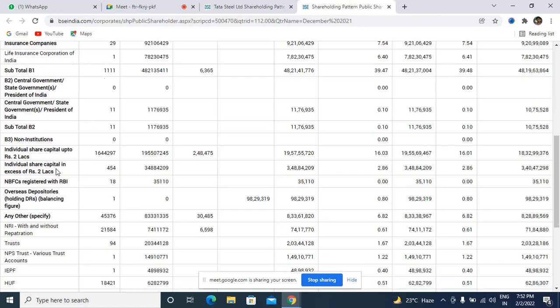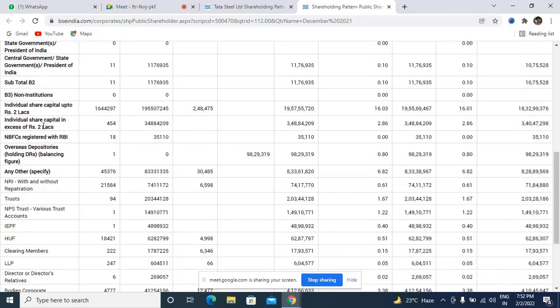Then non-institutions, as we were talking about, individual share capital in excess of 2 lakhs. So suppose you have Tata Steel shares worth rupees 10 lakh. You have Tata Steel shares which are valued at 10 lakh rupees currently. So you belong to this category.